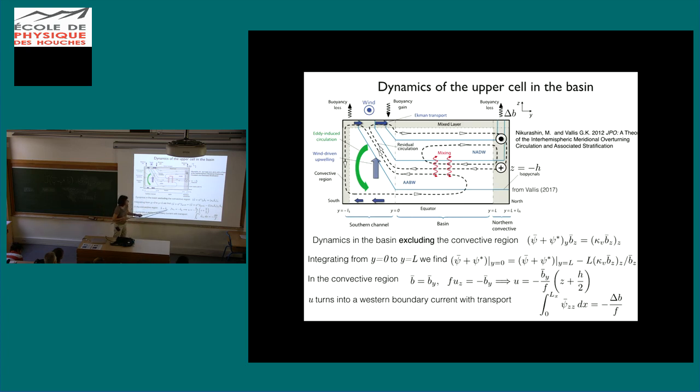That's very important. And so that, because of thermal wind balance, will generate an east-west flow as drawn here, out of the screen at the surface and into the screen at depth. And here it is, this expression, because this is independent of z.